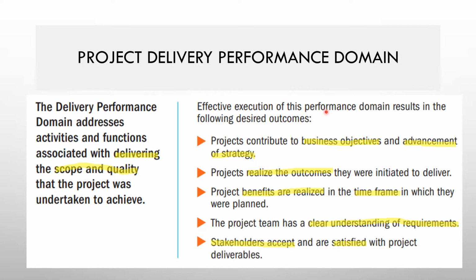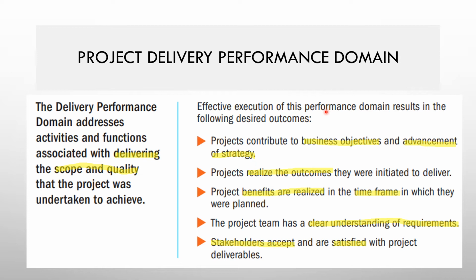What are my desired outcomes to ensure the effective execution of this performance domain? We need to ensure that the project contributes to the business objectives and advancement of strategy.